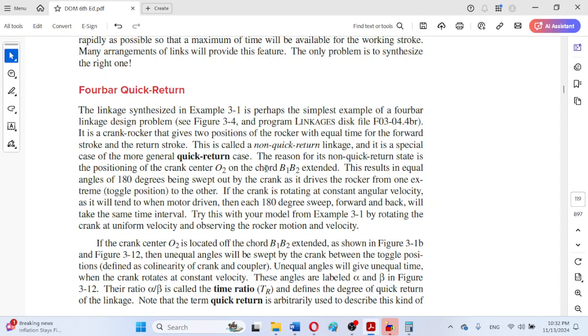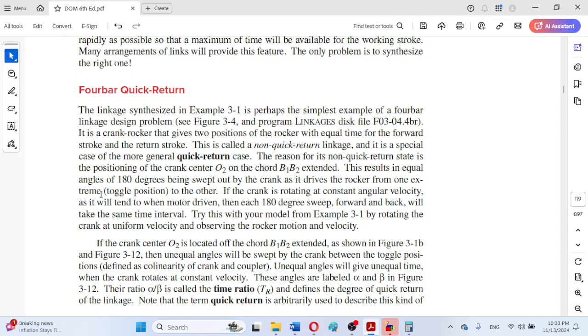The reason for its non-quick return state is the positioning of the crank center O2. O2, the crank grounded revolute joint, is on the chord A1 B2 extended, which I have stated in the video: the line connecting the extremities of the rocker link is the chord of the throw of the rocker, or the oscillating curve of the rocker.